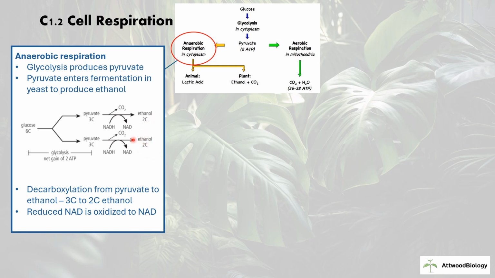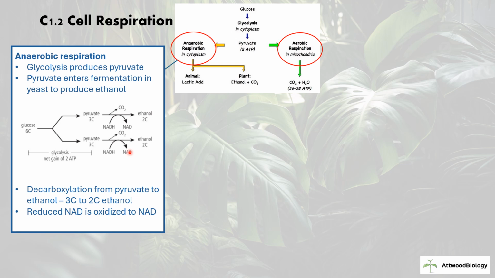Ethanol is a 2-carbon molecule because this pyruvate has been decarboxylated here and here. So therefore CO2 is leaving. So we end up with ethanol, a 2-carbon molecule. We're also producing NAD. So the reduced NAD is oxidized to NAD.